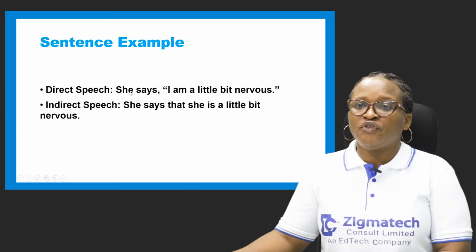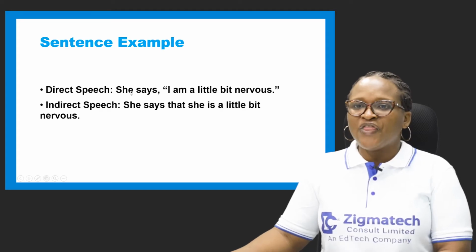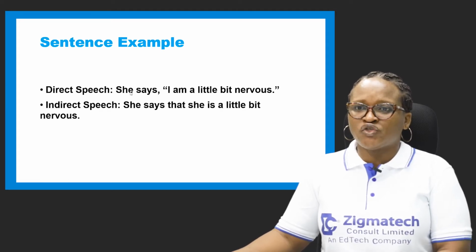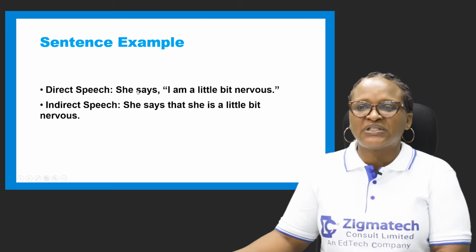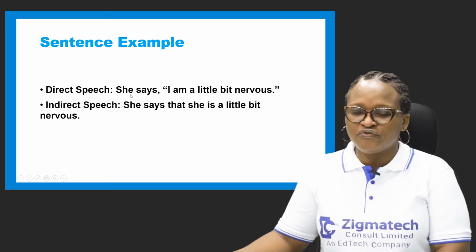If the subject of the reporting speech is she, that means in changing from direct to indirect, you change your I, that's the first person pronoun, to the third person pronoun that you have in your reporting speech. The subject of your reporting speech.